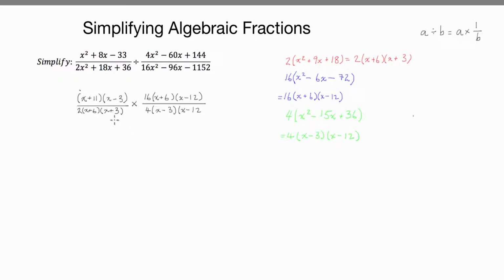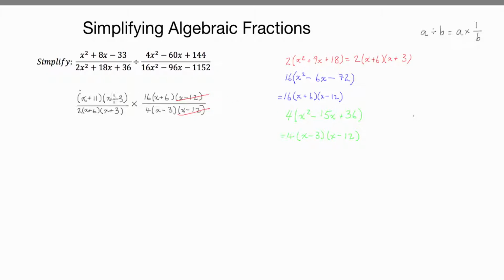Now what you can see is by factorising it like this, we can simplify it by cancelling out equal factors. For example, we have x minus 12 in the numerator, and we also have one in the denominator. So they'll equal 1, so we can cancel those two out.